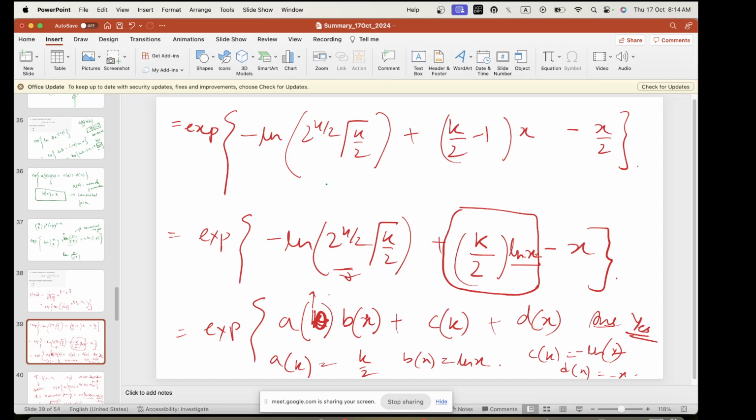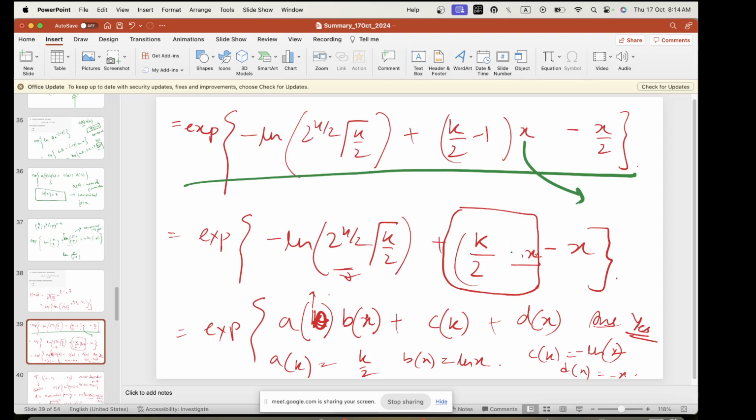So the fourth question we solved here, and then we got b of x equal to ln x. No, it should be k by 2 minus 1. In the above expression, k by 2 minus 1 times ln x, minus x by 2. So here we can see that a of x equals, but here I think we have made some mistake.